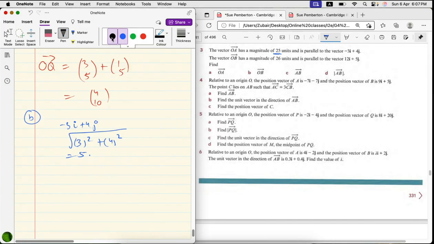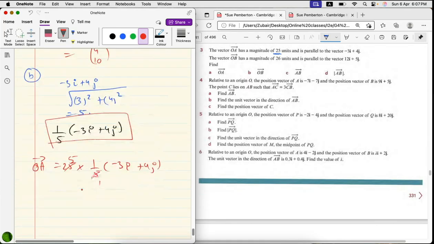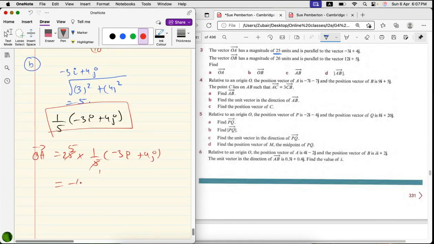So the unit vector in this direction is 1 by 5 of minus 3i plus 4j. We already know OA is 25 units, so OA is 25 times 1 by 5 times minus 3i plus 4j. 5 goes into 25 five times. Remaining 5 multiplies inside: minus 15i plus 20j.